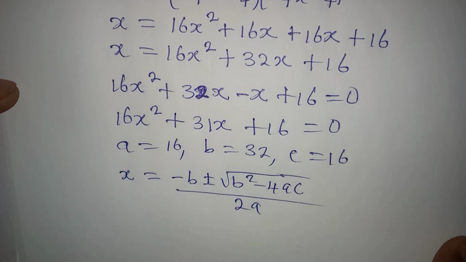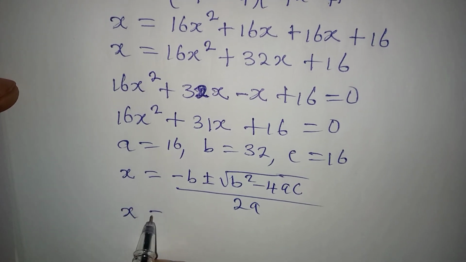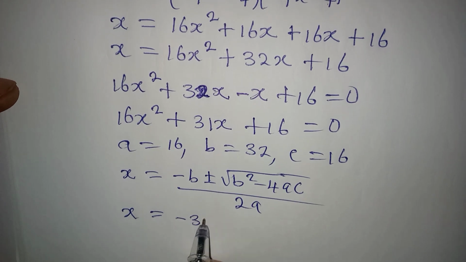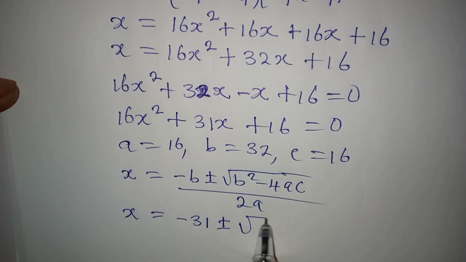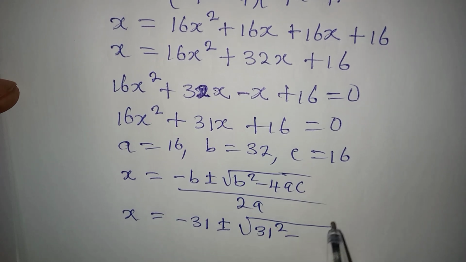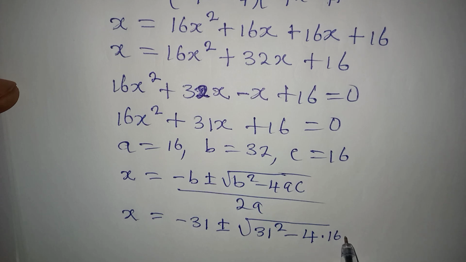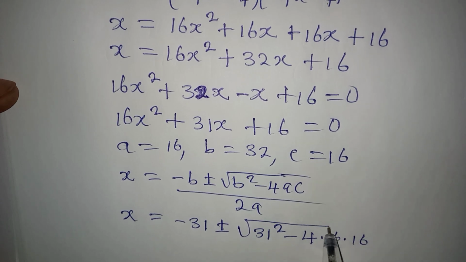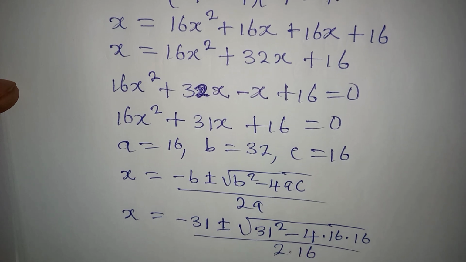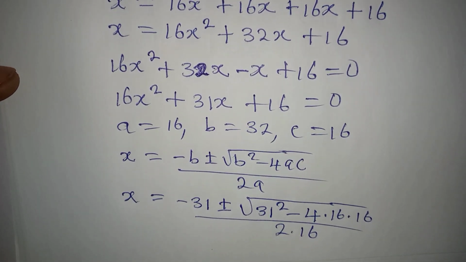And we are going to substitute directly into this formula now, so that our x will be, in place of minus b, I'll write minus 31 plus or minus, b squared is 31 squared minus 4 multiplied by a, which is 16, multiplied by c, which is also 16. And the whole of this is over 2 times a, which is 16. Okay, so this is what we have. And let's continue.